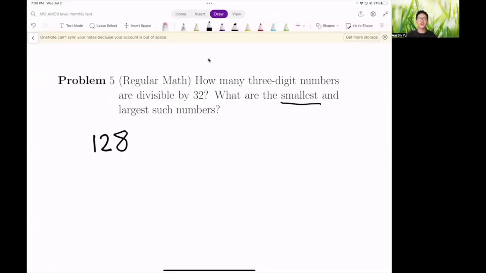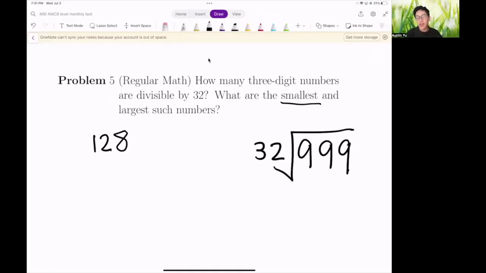Now, the larger number is going to be more difficult, but what we do know is that the largest three-digit number is 999. So how about we just divide 999 by 32, and whatever the remainder is, let's just subtract that from 999. So let's divide this by 32 first. How many times does 32 go into 99? 3 times, right?